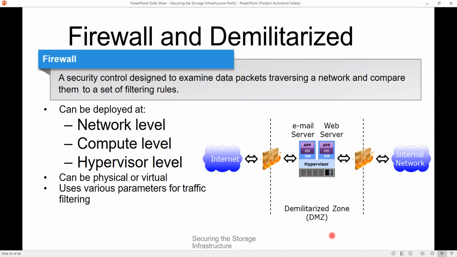So let's understand in this what is a firewall and demilitarized zone. A firewall is the security control which examines the data packets entering into the network, right? There are some set of rules defined by the organization, so that we can allow packets according to those rules only, right? According to the rule, if that particular packet does not comply, we can deny that packet, and if it does, we can allow it.